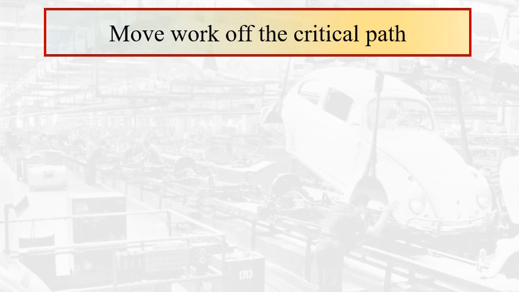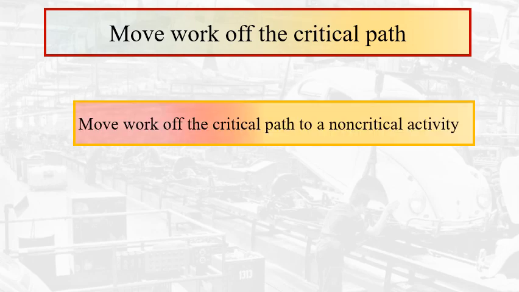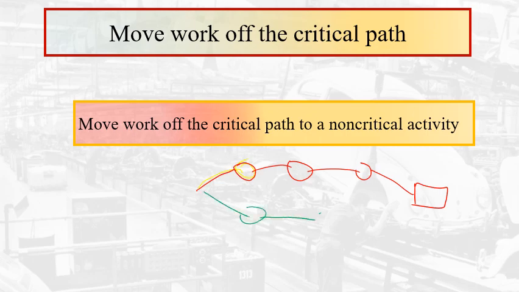So let's discuss some of these tools. Let's start with moving work off the critical path to non-critical activities. Let's say we have, let's draw it in red, the red path as the critical path, and the green path is not the critical path.